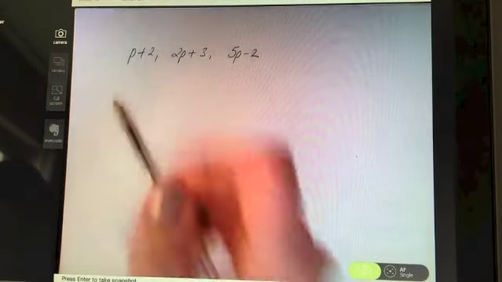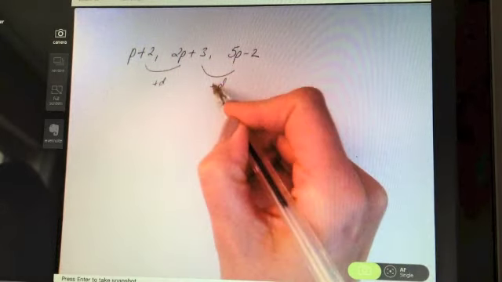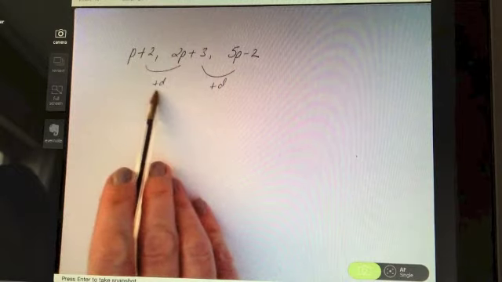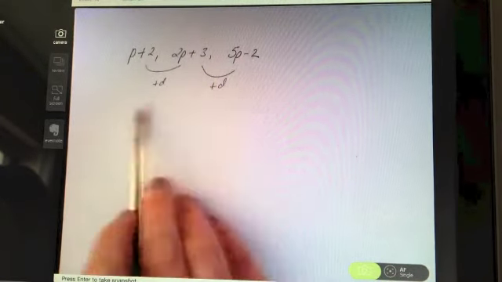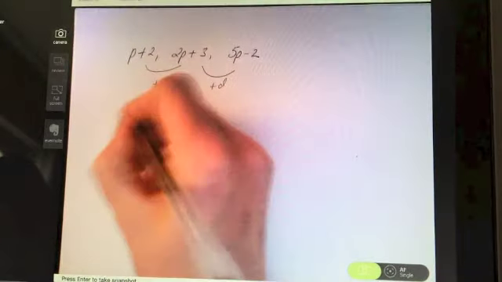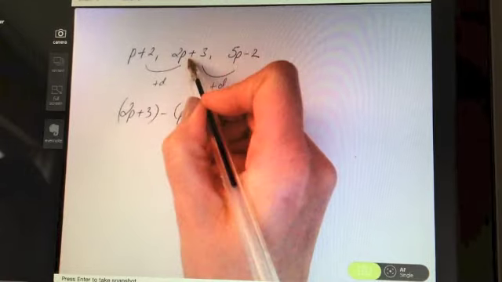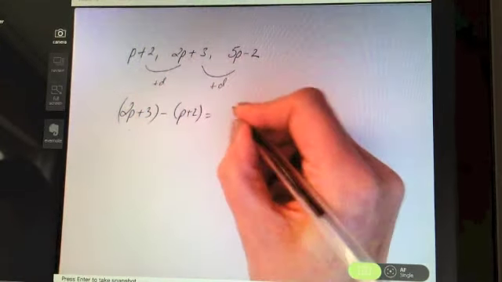So just like before, I know that they have the same common difference, although I don't know what that common difference is. I know that that subtract that will equal the difference, and that subtract that will equal the difference. So those two things will equal each other. So 2p plus 3 subtract p plus 2, so that term minus its previous term is equal to this term take away its previous term.